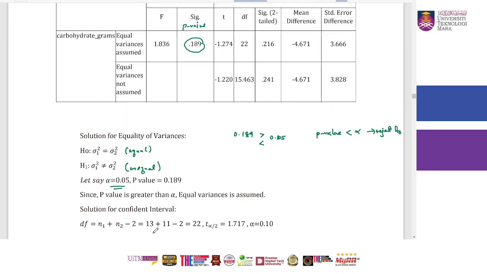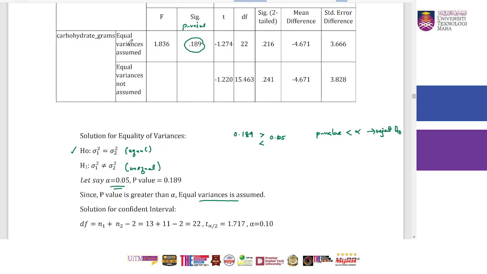Okay, so greater than alpha, meaning to say that you fail to reject the null hypothesis. So you conclude the null hypothesis and say that the equal variance is assumed. Kenapa perlunya kita tentukan equal variance assume ataupun tidak? Sebab kita nak tentukan, bila kita tengok dia punya Levene test, dah tentukan bahawa equal variance assume. So dia ada dua row kat sini.